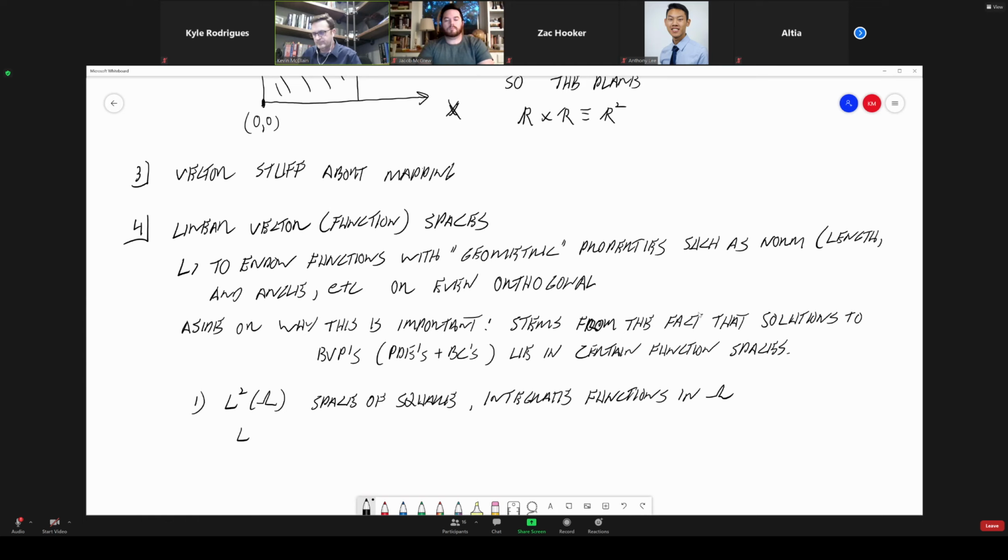How it's commonly referred to: u is in L2 if the integral over omega of u squared dx is less than infinity.